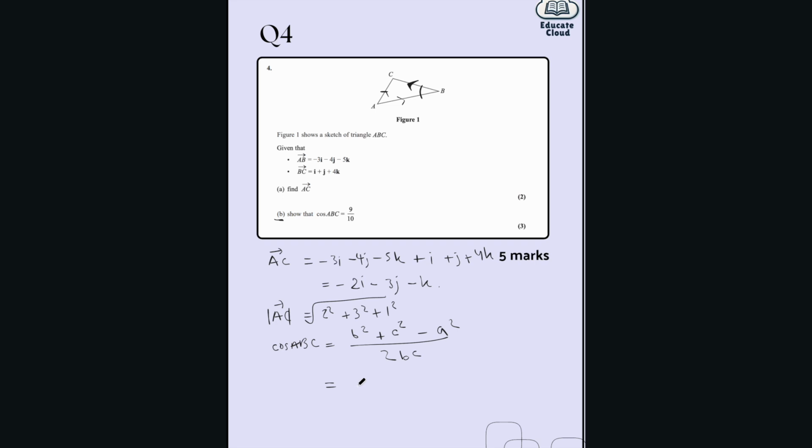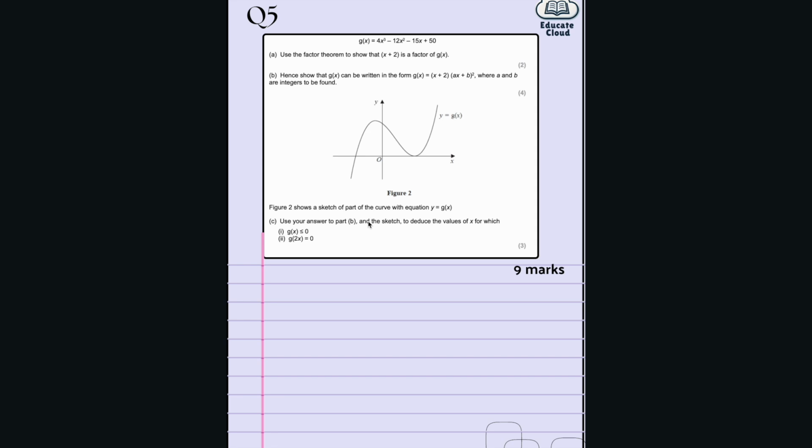And so we are going to do b squared, which is 50, plus c squared, which is 18, minus a squared over 2 lots of BC. Okay, and that's going to give us 9 over 10 for cos ABC, and that's what we needed to show.